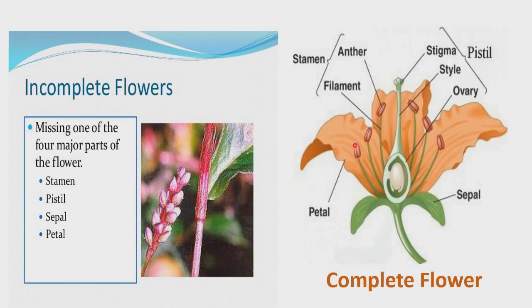But if a flower consists of all these floral parts, we say that that particular flower is a complete flower. Another name for a complete flower will probably be a bisexual flower.